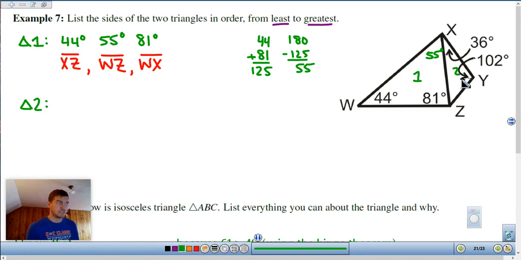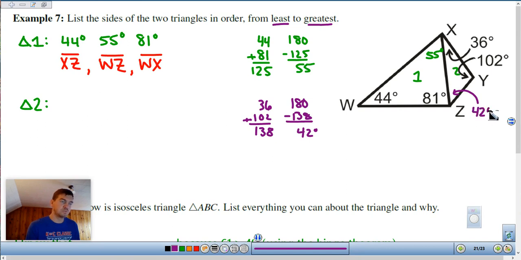So let's do the same thing for triangle 2. We have 36, 102. We add those together, we get 138. If we subtract that from 180, we'll find the measure of the third angle. That is 42 degrees.